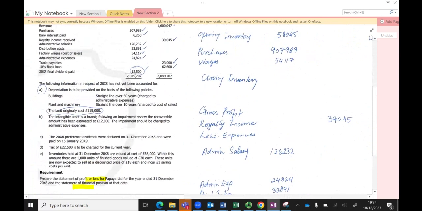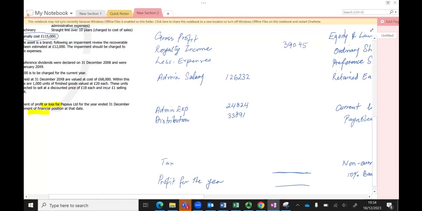Going back to the note, this depreciation should be charged to the administration expenses. You can see I already have an administration expense over here. Because I need some space to add more expenses into it, I'll move it a little over here.